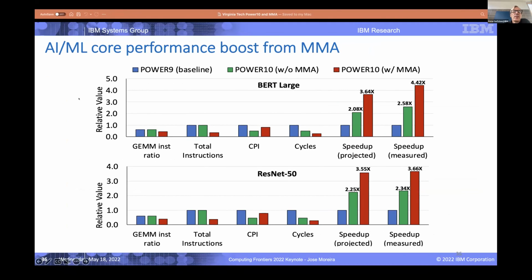And for AI and machine learning, as you would expect, because it's typically floating point matrix math dominated, we actually see those speedups that we expect from the peak floating point rates in actual evaluations of large models.